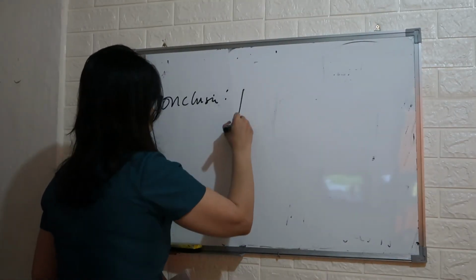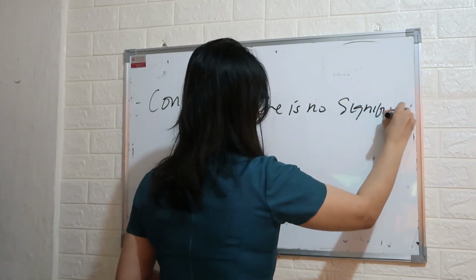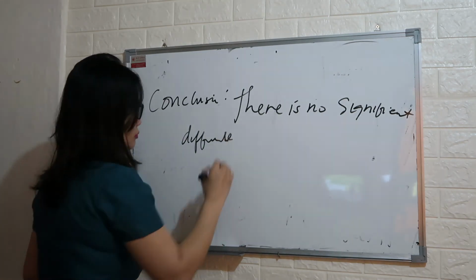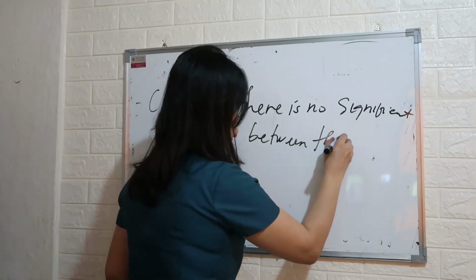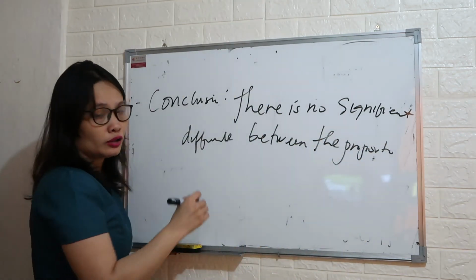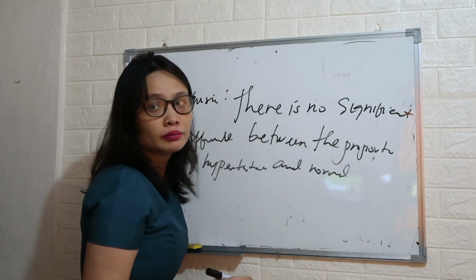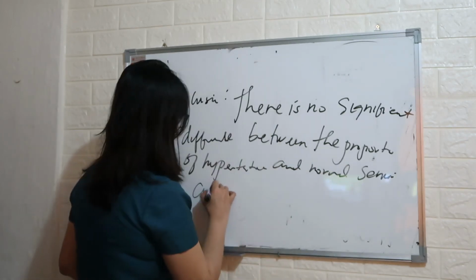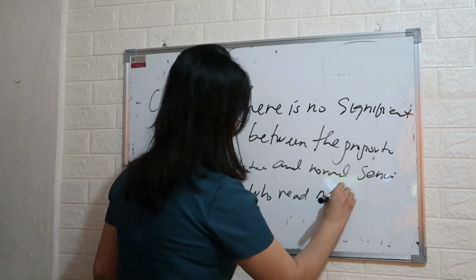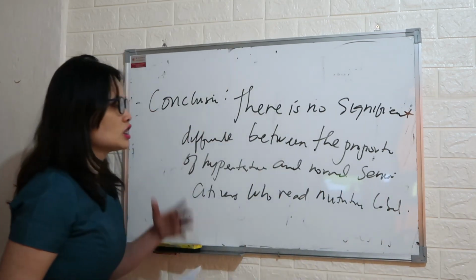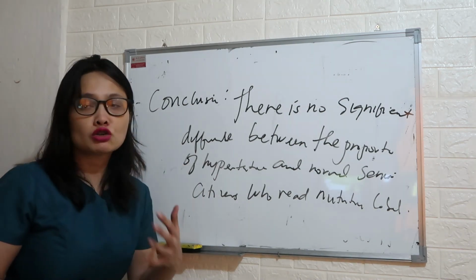Therefore, there is no significant difference between the proportion of hypertensive and normal senior citizens who read the nutrition level, based on your computation.